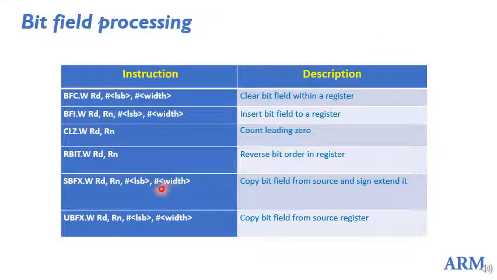So that part of the register it is going to pick and pass it on to the destination register, and the remaining bits of the destination register are sign extended. Whereas in case of UBFX, the same thing is done, but here instead of sign extending, it is 0 extended. So we'll see the examples for each of these.